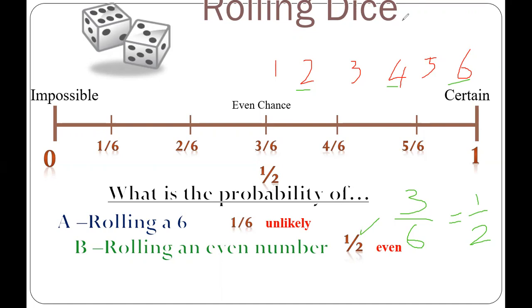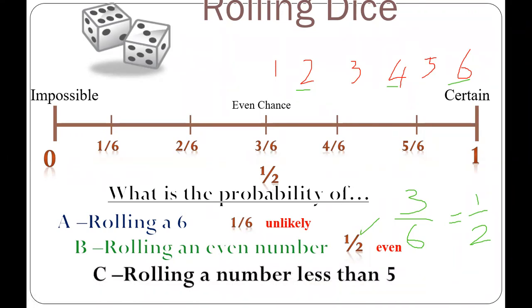Okay, next. Rolling a number less than 5. So how many numbers do we have which are less than 5? We have 1, 2, 3, 4. So we will write 4 out of 6. You can see here from 4 to 1, we have 4 out of 6, correct?